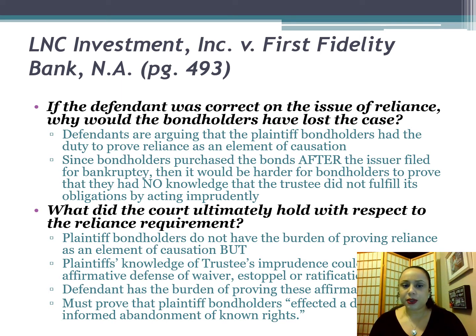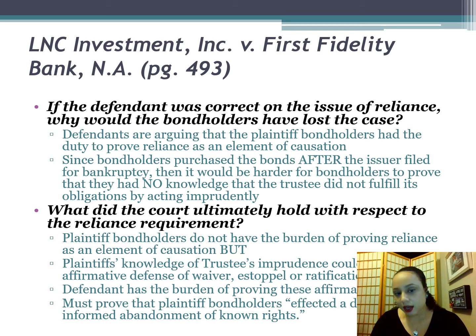However, the court ultimately held that plaintiff bondholders do not have the burden of proving reliance as an element of causation. Even still, the plaintiff's knowledge of the trustee's imprudence could be a factor in the defendant making the affirmative defense of waiver, estoppel, or ratification. The defendant has the burden of proving the various elements of these affirmative defenses.